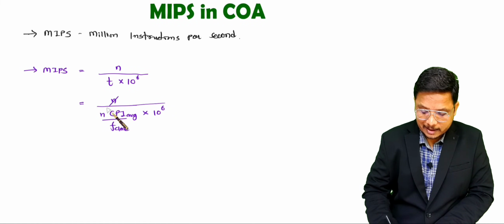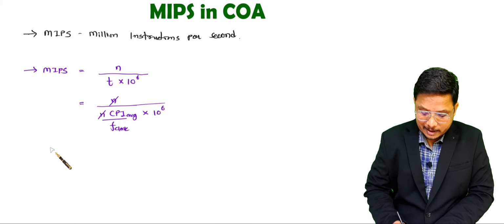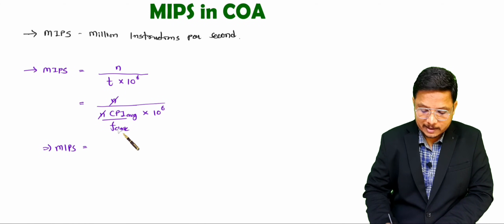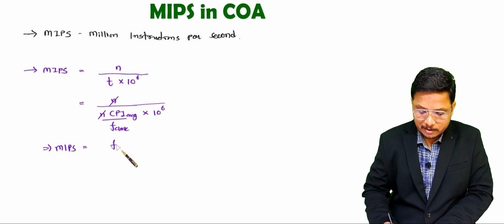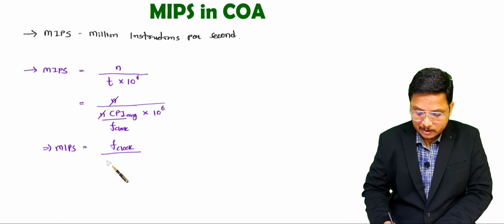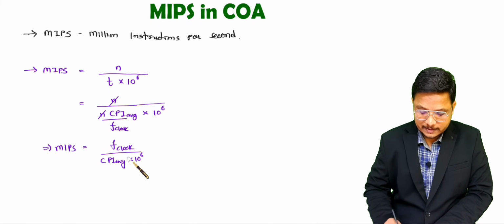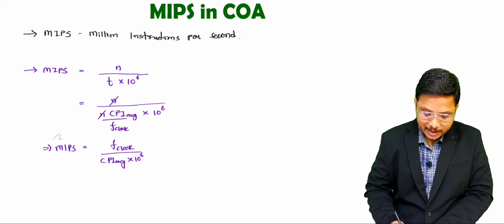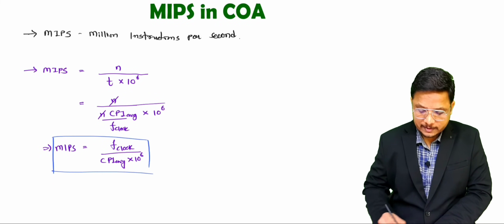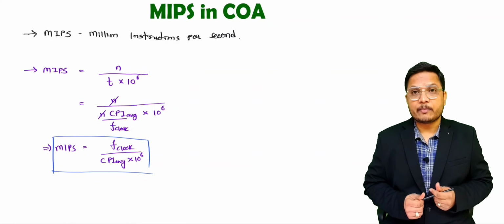You see this n and this n will get cancelled, and you will have MIPS, million instructions per second, where F clock goes in the numerator, and MIPS is F clock divided by average CPI into 10 to the power 6. This is how we can calculate MIPS, millions of instructions per second.